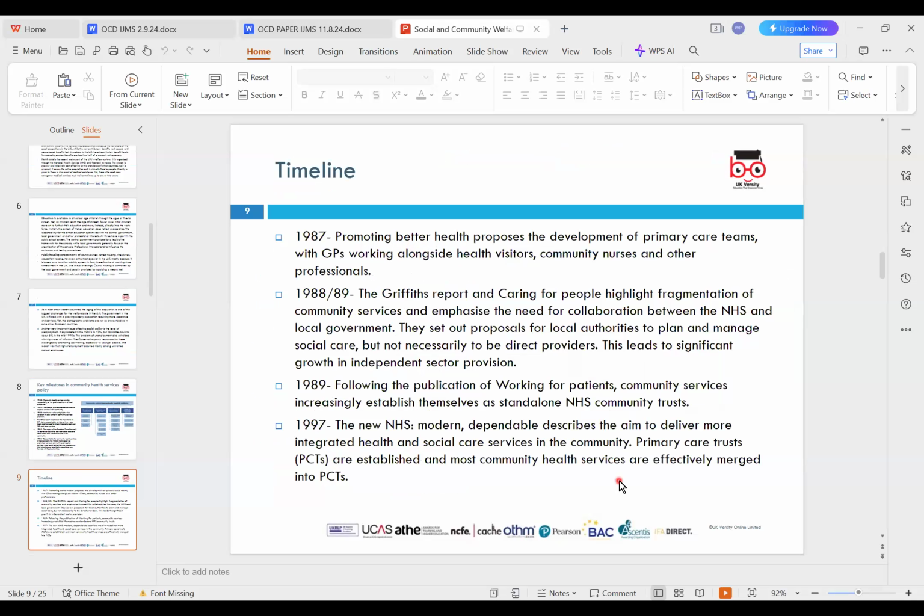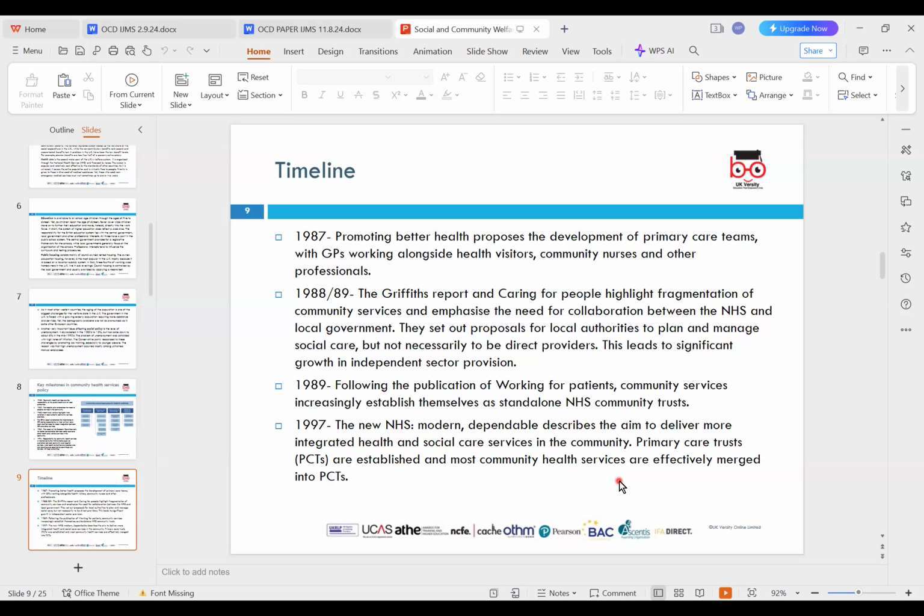Then we show a timeline. So in 1987, again, this timeline is a continuation from 1974.